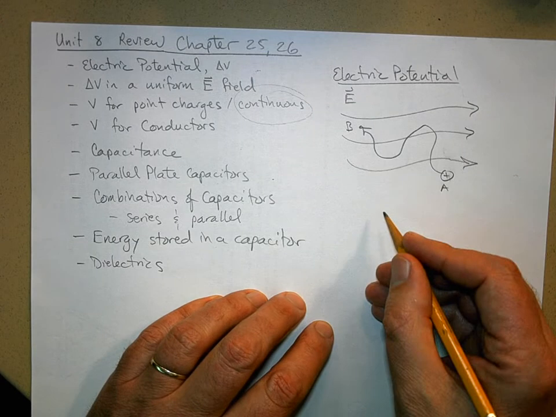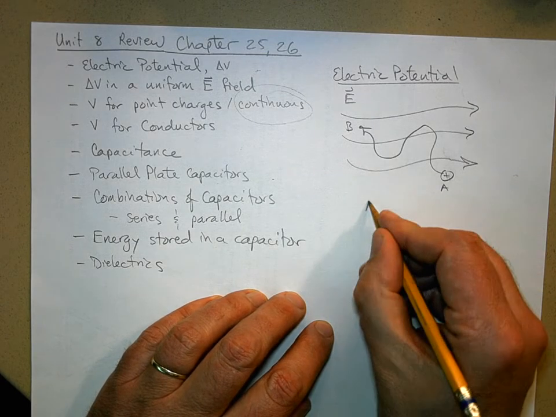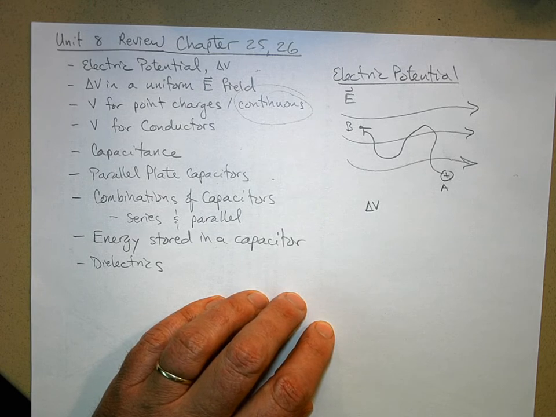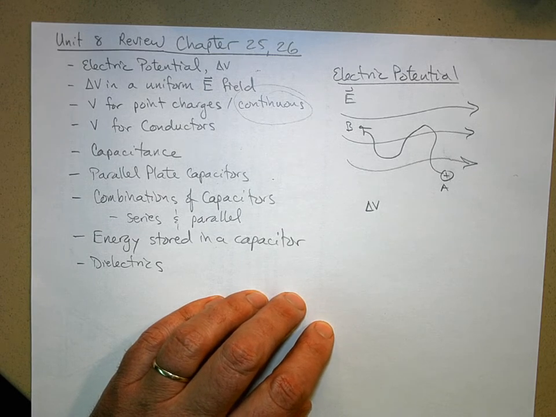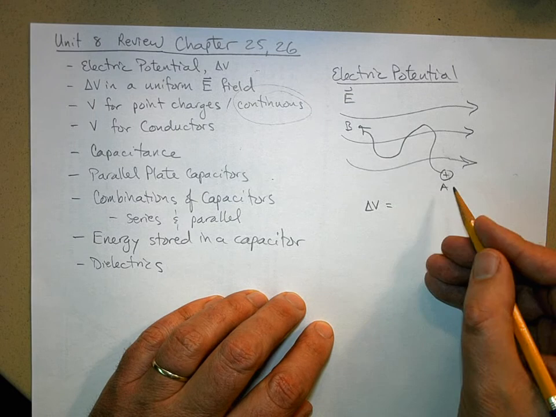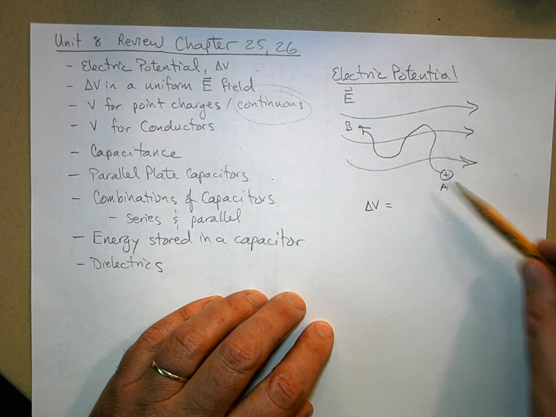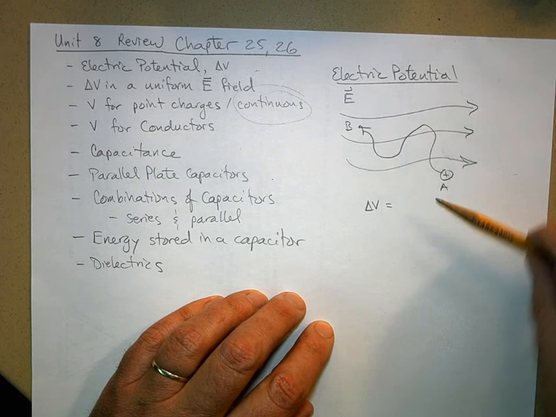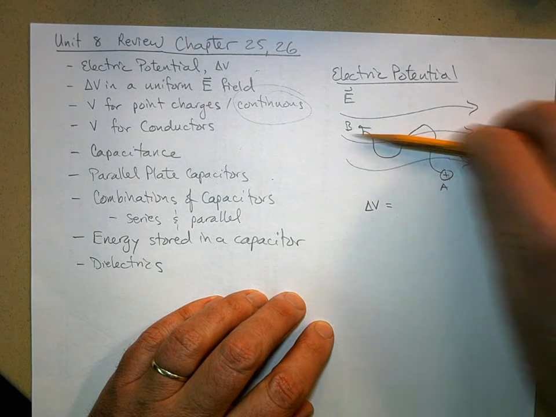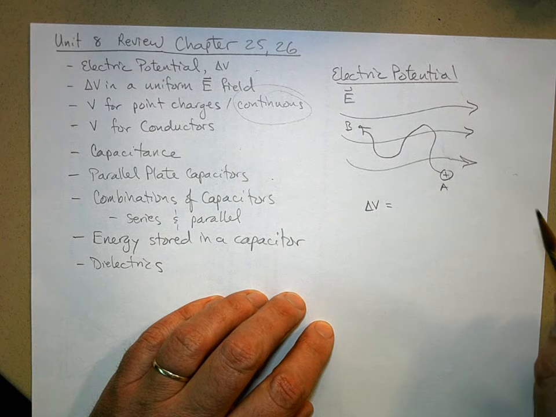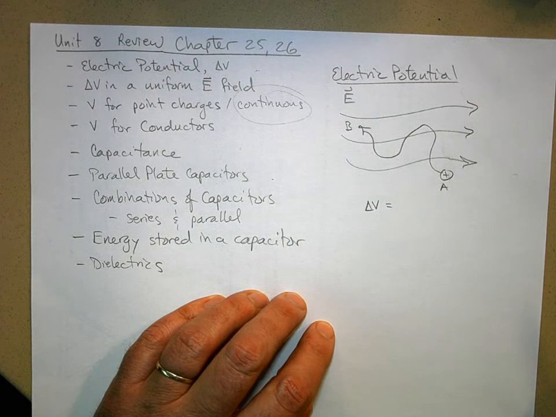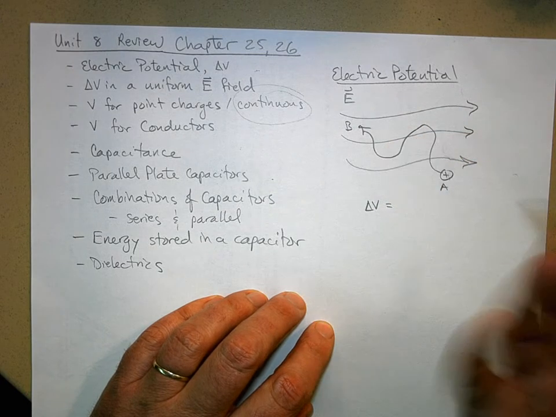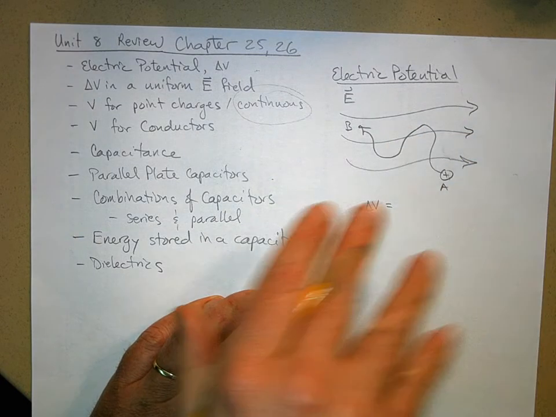And here's the way we defined a change in voltage. And really what we're dealing with is changes in voltage from one place to another. The change in voltage is, if I do work against the field, that is, the displacement is overall against the direction of the field, the field is doing negative work. I'm putting positive work into it, but really the displacement is in the opposite direction.